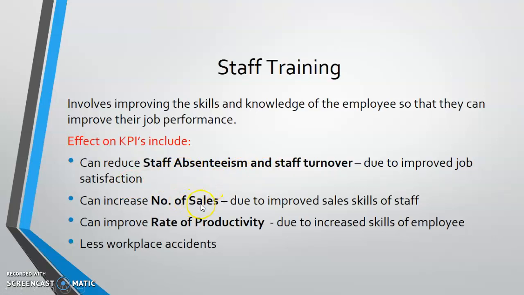It is going to increase the number of sales because the staff is now going to have improved sales skill, because you're going to train them in those. Now they can improve rate of productivity as well because they'll have more skills. They can produce more outputs in less time. So that is the rate of productivity increase, and less workplace accidents as well. So training helps a lot, and these are the effects on the KPIs.